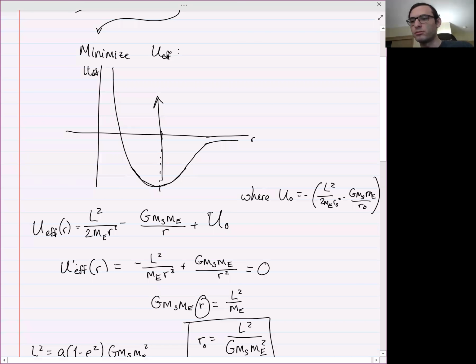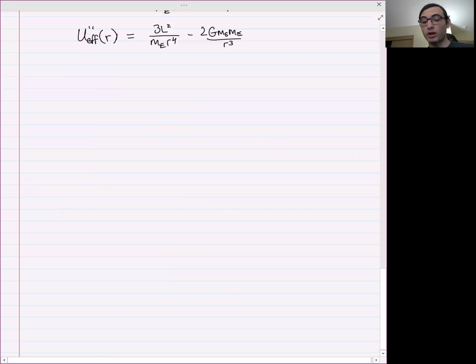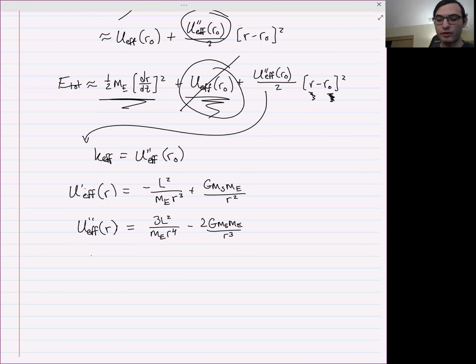That's all. Okay, so that's what our second derivative is, and so we evaluate it at r naught, and I'll spare you the details. What we would find is that the second time derivative of this effective potential is 1.185 times 10 to the 11th.